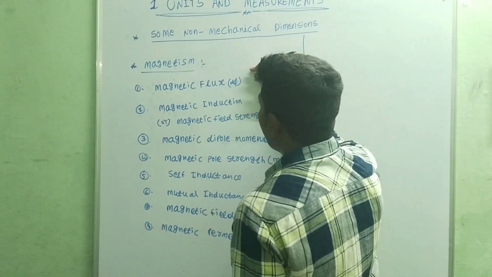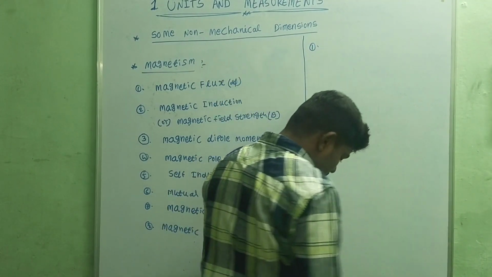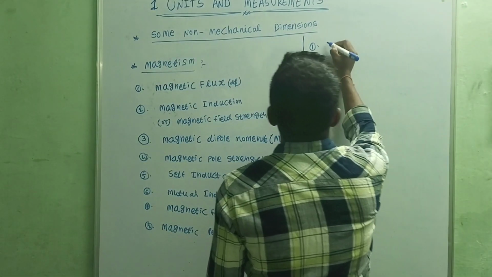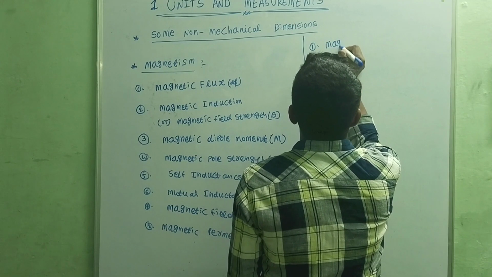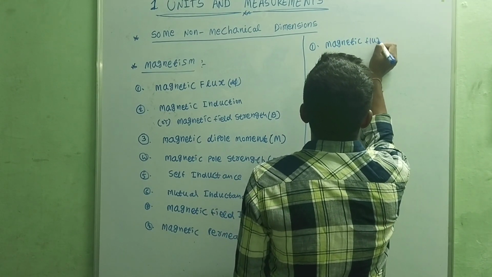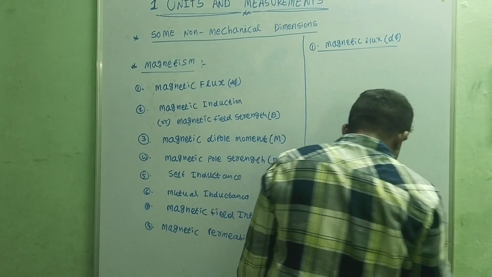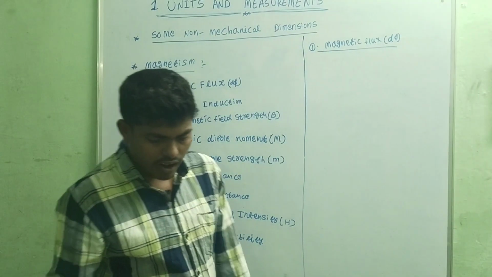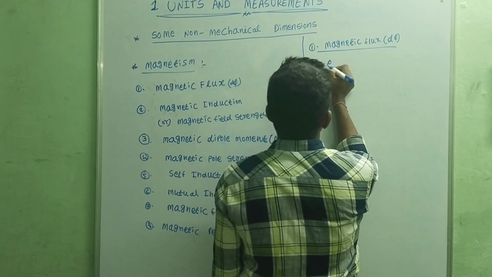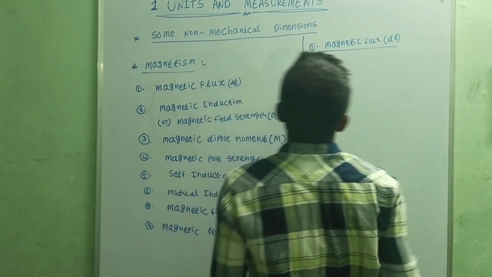First one is magnetic flux. How can we write the dimensions of magnetic flux? Already we know the equation of magnetic flux, E equal to d phi by dt, where E means EMF or electric potential.